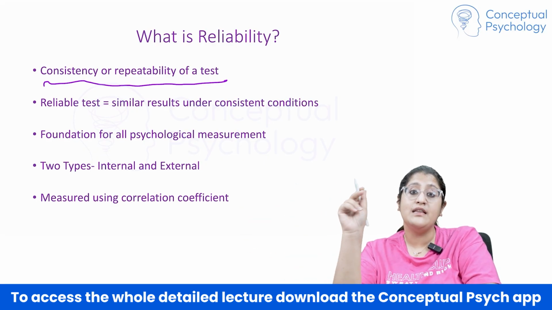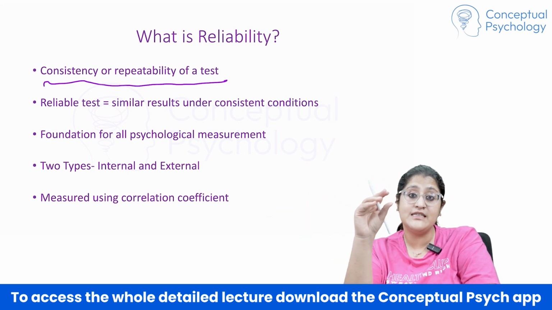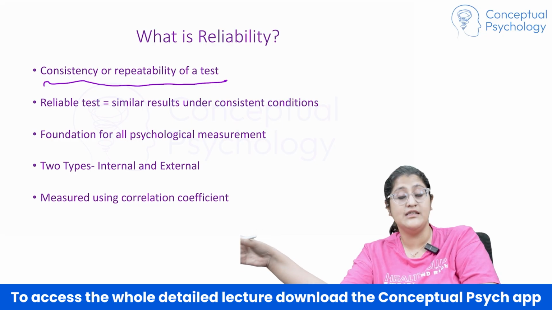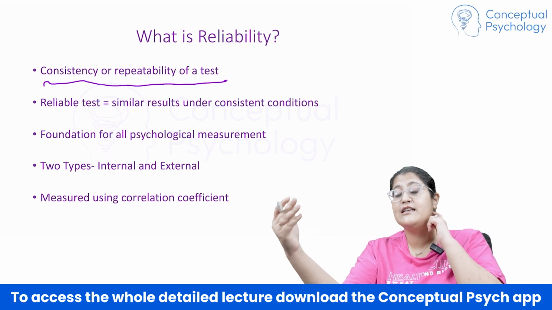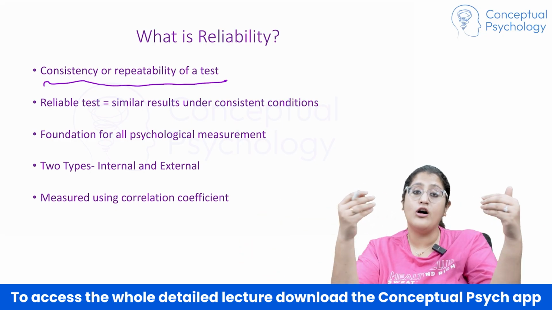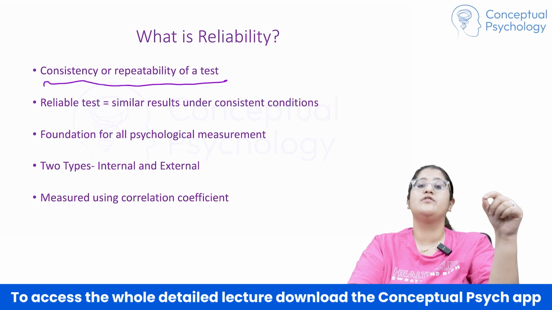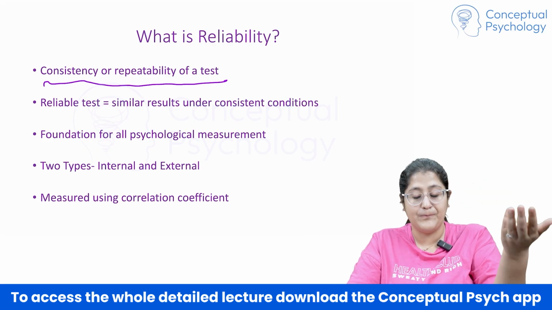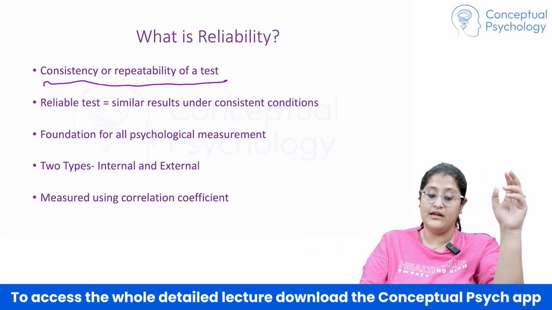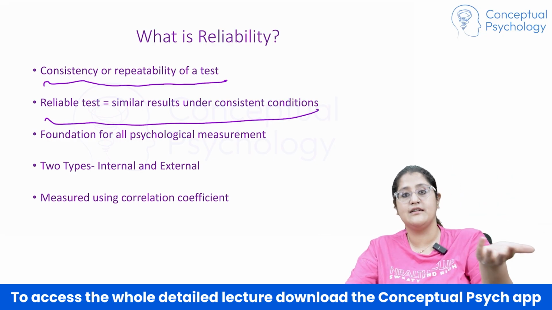What does that mean? That the person is consistently depressed, or consistently showing the same results. The test is consistently showing the same results across settings and across examiners. So we can say that the reliability of the test is high.